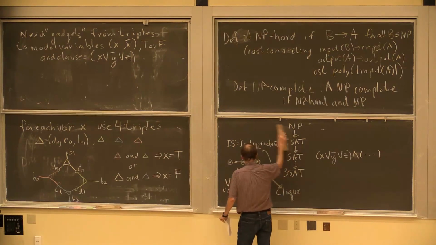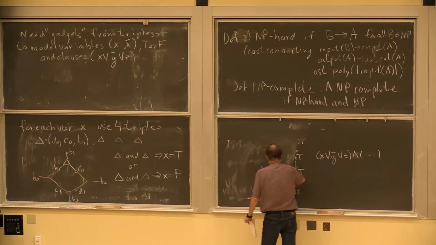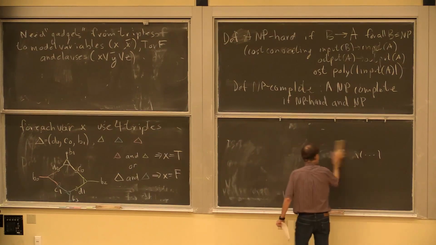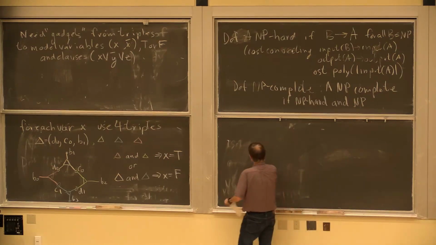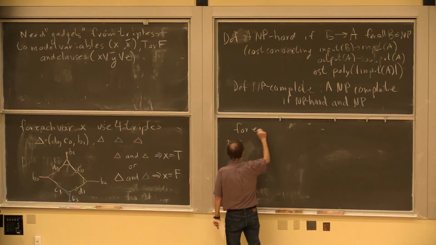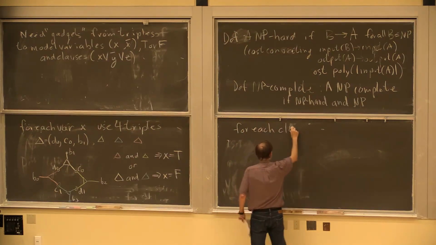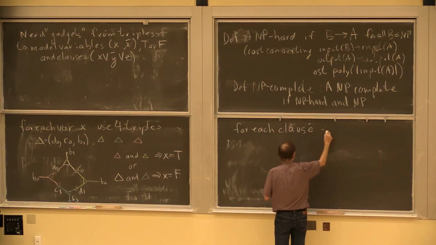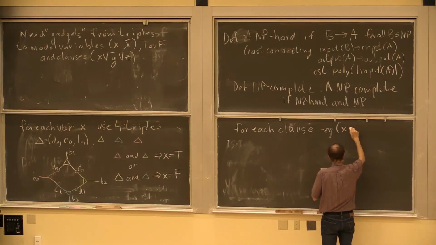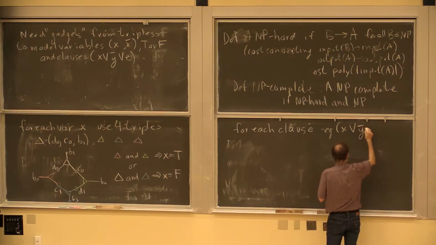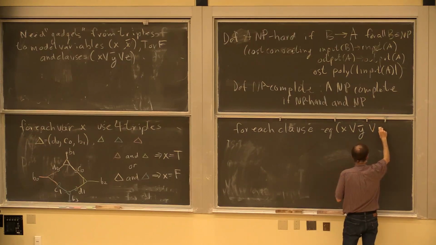So that's the gadget for each variable. So how do I build a gadget for each clause? I'll just do an example of 1, and this is 3SAT, so I only have 3 variables appearing in it.